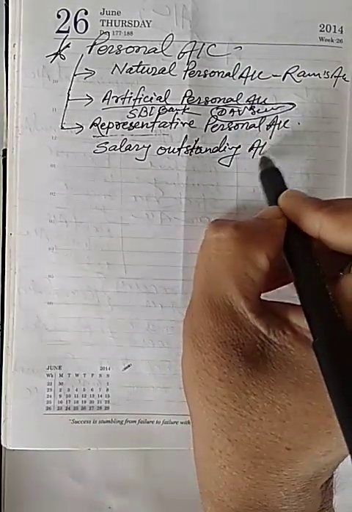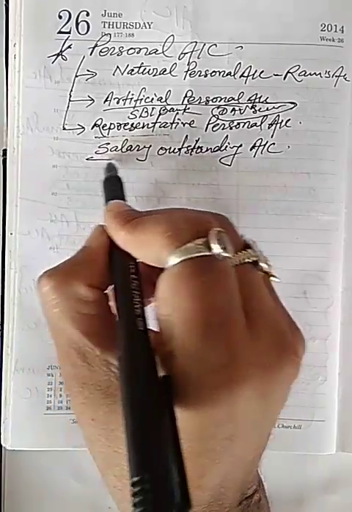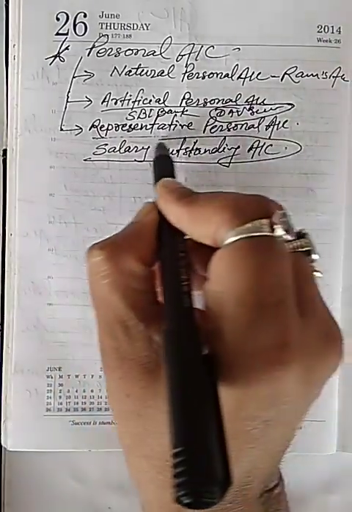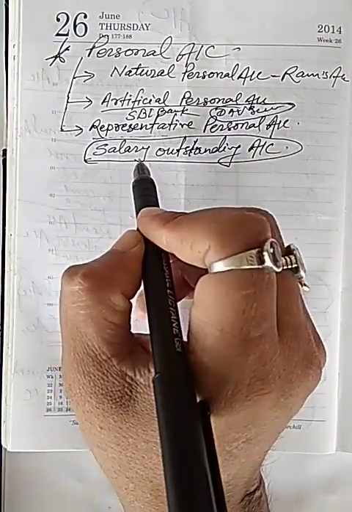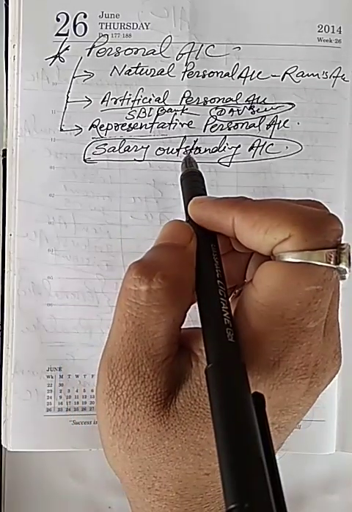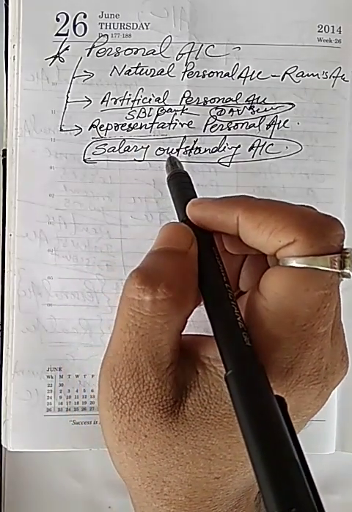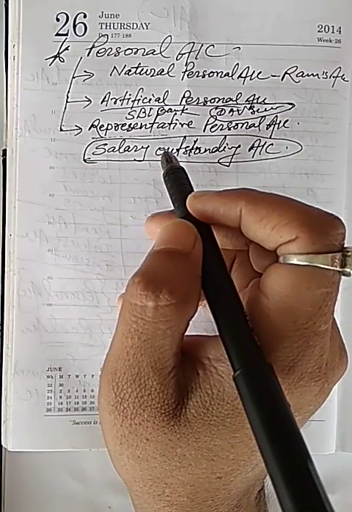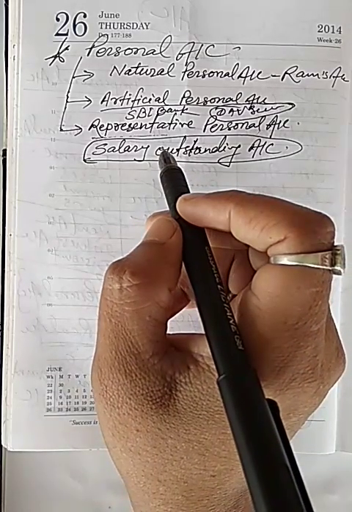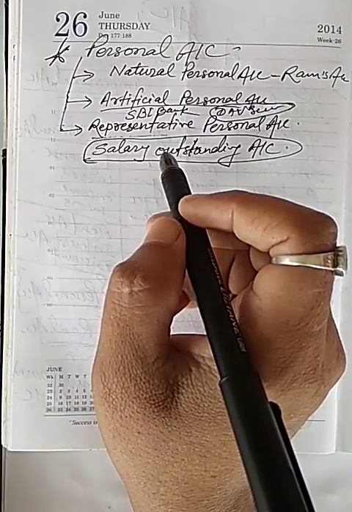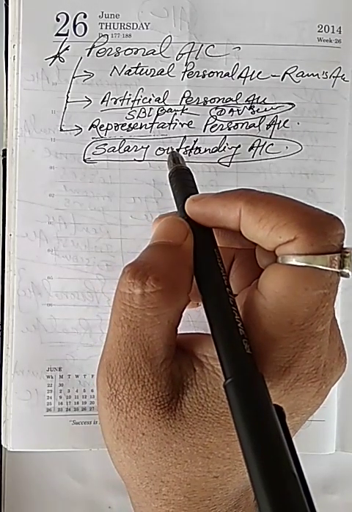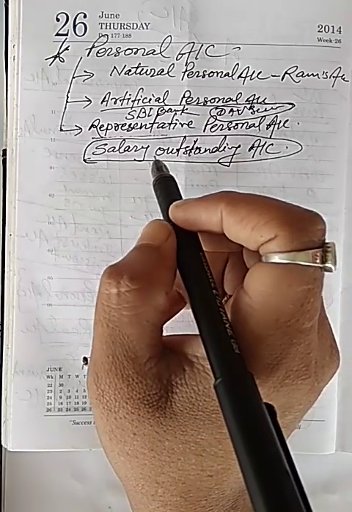Salary outstanding account. So this salary outstanding represents a group of persons, because the salary of the month of December has not been paid to all the employees.